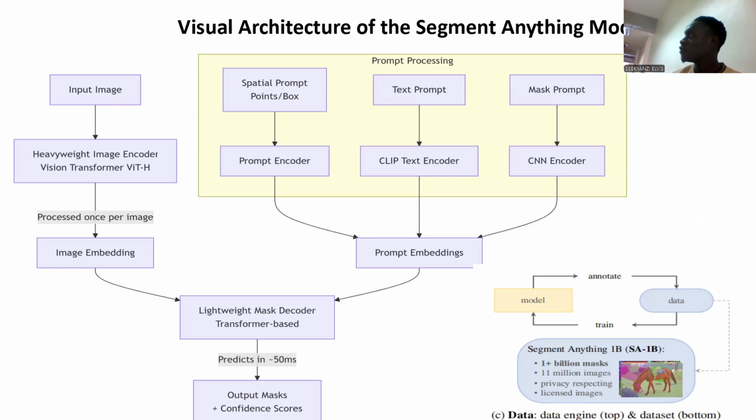Basically here, as I said earlier, it is a segment anything, so it will be used in maybe describing or specifying different features in an image, or it can be able to differentiate between images.